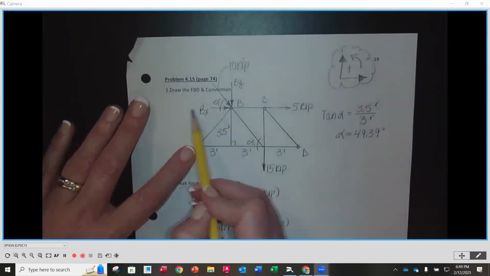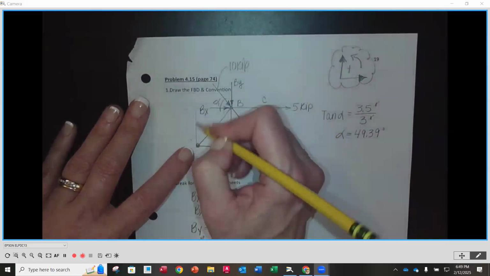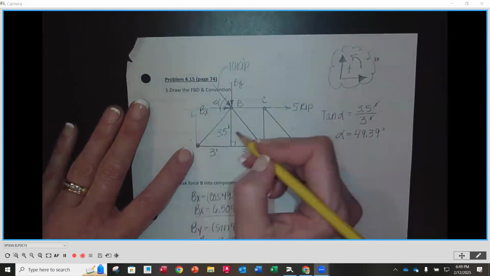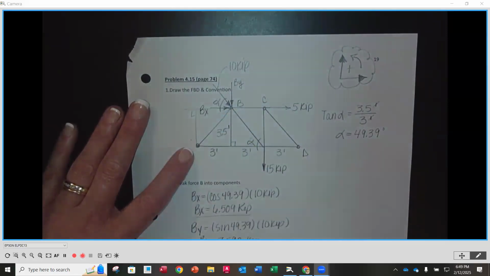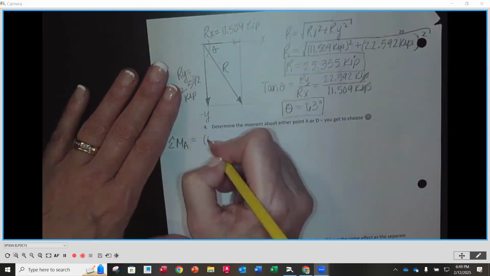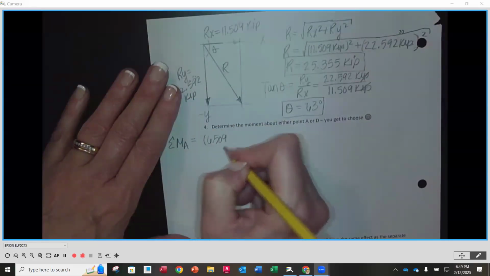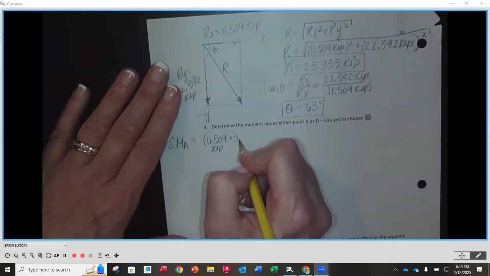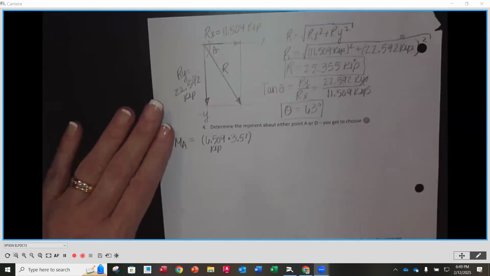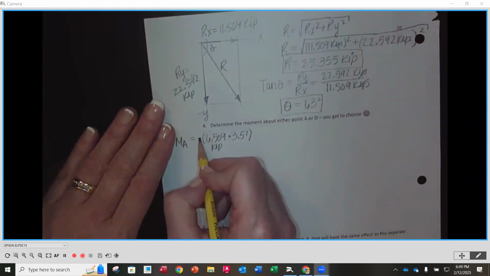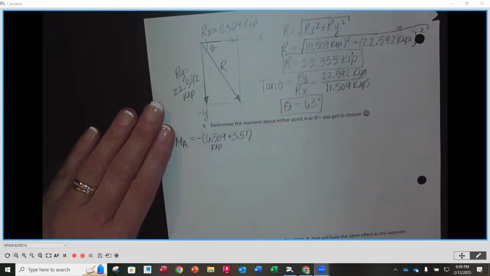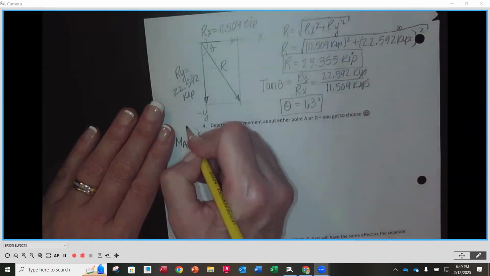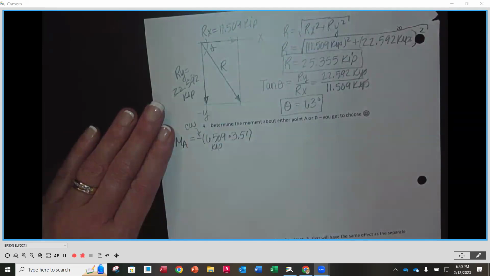If we back it up along this distance here, this is going to be that perpendicular distance, which is 3.5 feet. And it is rotating clockwise, so that negative out front is clockwise.